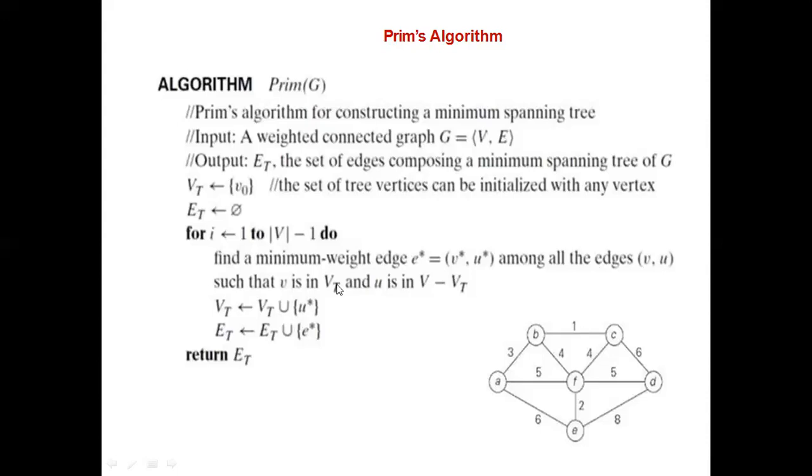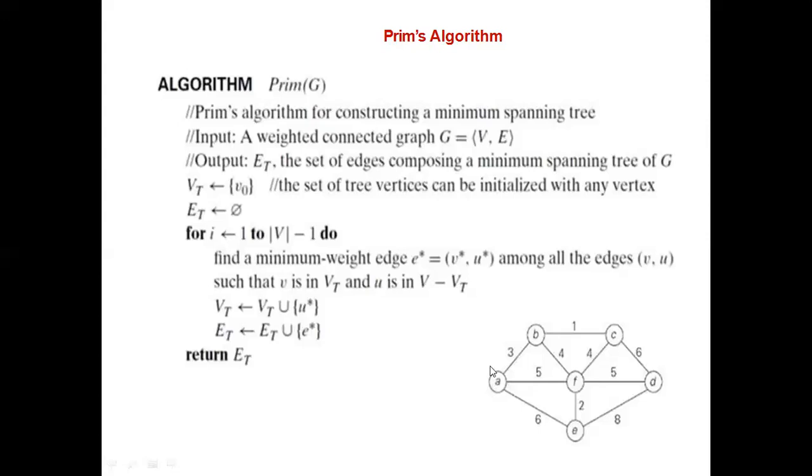Such that V is in V T and U is in V minus V T. So V is the part of the spanning tree and U is not the part of the spanning tree. V minus V T represents the vertices which are not present in the spanning tree.